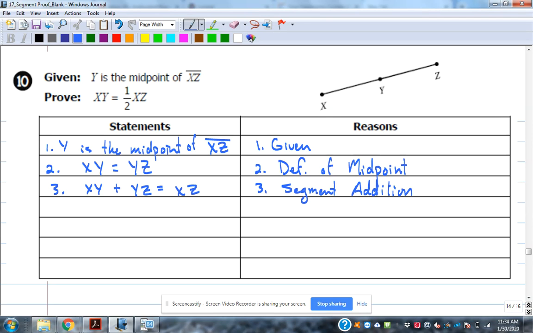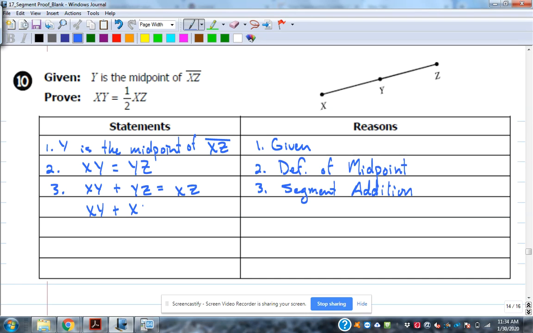Okay, what could we substitute, Jacob? I could substitute YZ with another XY. Because up here, XY is equal to YZ. So we're going to replace this YZ with an XY. So that would give us XY.